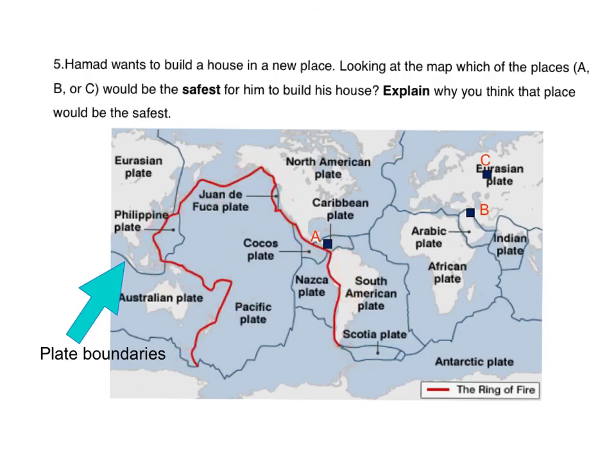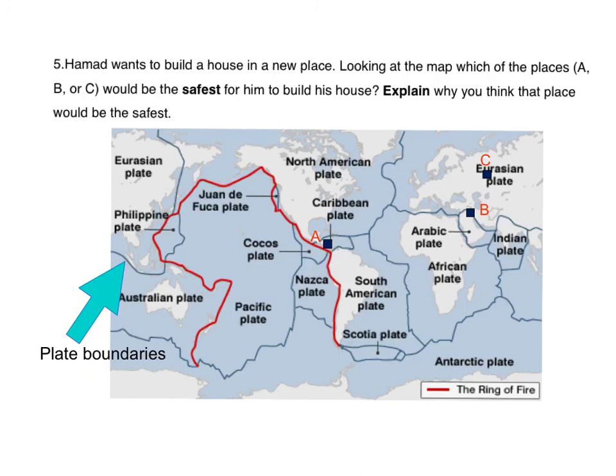And earthquakes. So on this map, we see a red line, which is something that we call the ring of fire. The ring of fire is the area on Earth where we find most of the volcanoes. And as you can see on this map, it goes right around the Pacific Ocean. So remember, this is kind of a backwards map. Here we have North America and South America, and on this side, in between them and Asia and Australia, we have the ring of fire.